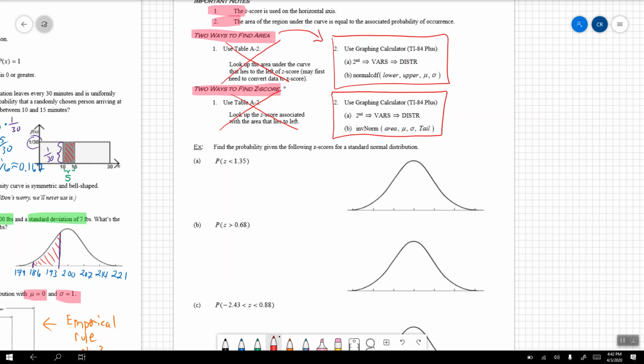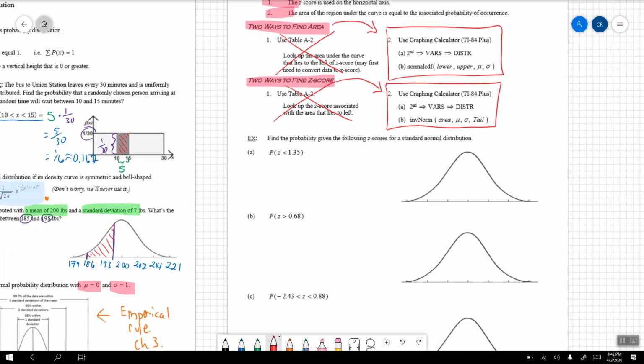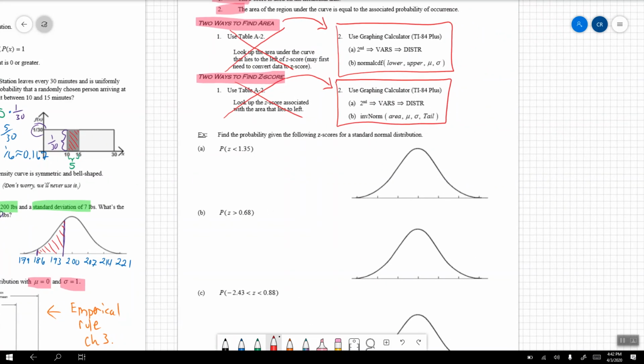If we want to find the z-scores, then we're going to use this command on the calculator. Notice two different commands. Again, both of these commands use that formula that I highlighted in blue on the first page. All right, again, we're not using the formula on the first page, but we are using these embedded user interfaces that somebody programmed. All right, so we're going to go through and we're going to see how this works.